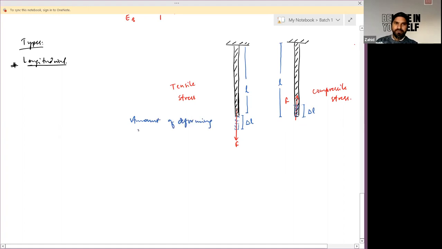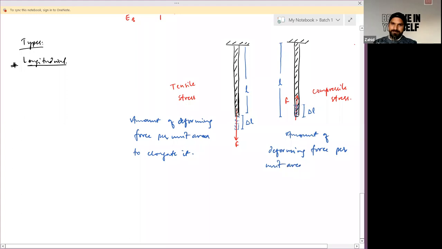Similarly, compressive stress is the amount of deforming force per unit area to compress it.